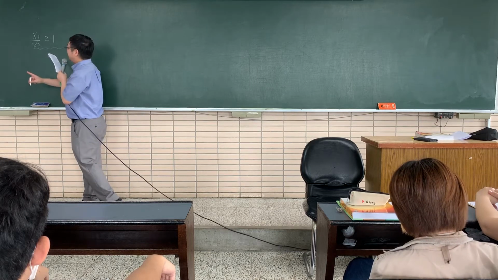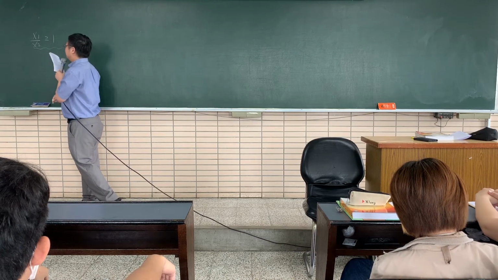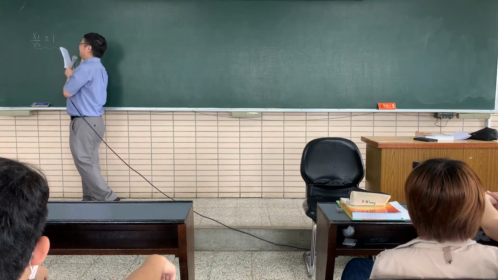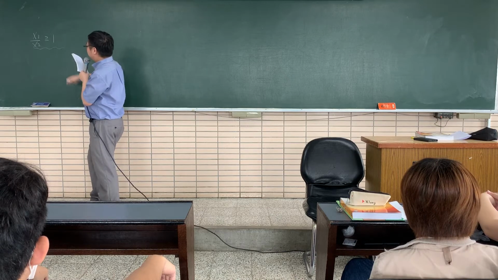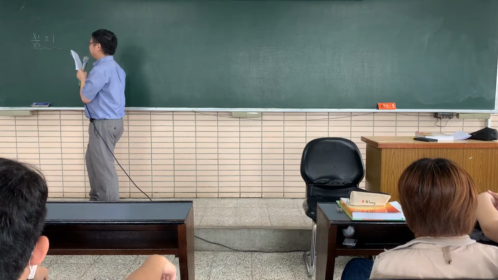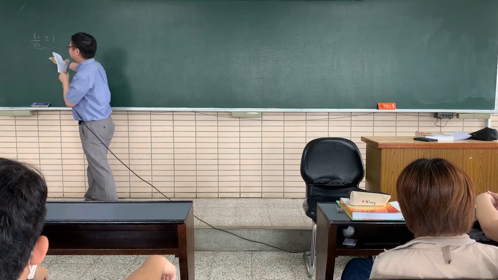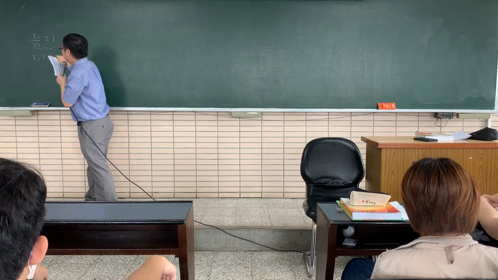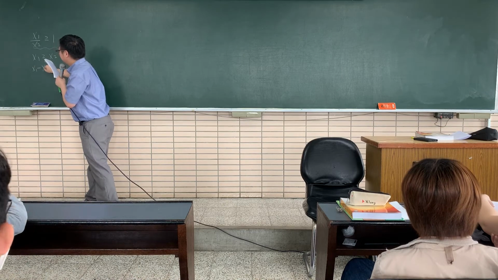One principle: all the variables should be put on the left-hand side, and all the numbers on the right-hand side. It seems that it's okay, but actually it's not. You have to transform it. So just shift the term and shift again.